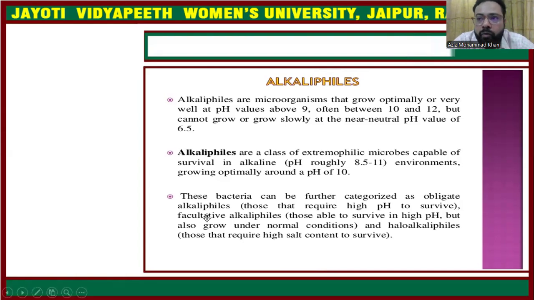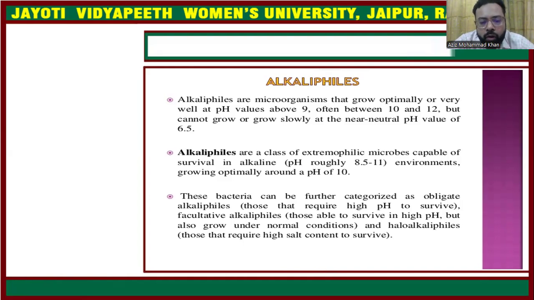That is the optimum pH of that particular microorganism. For alkalophiles, the optimum pH can be 9 or 10, but it is not optimum for neutrophilic microorganisms, which grow at a pH of 6 to 8.